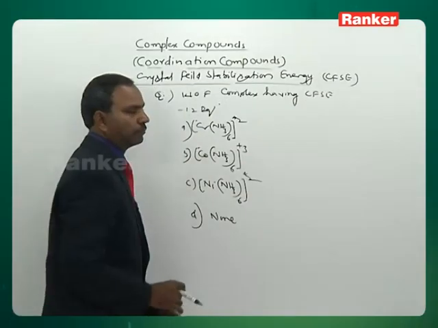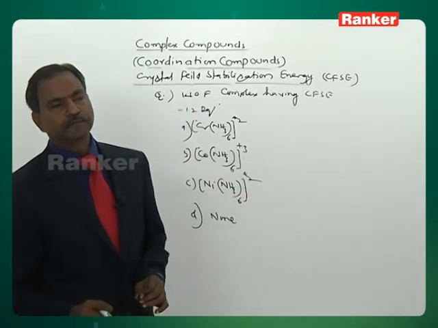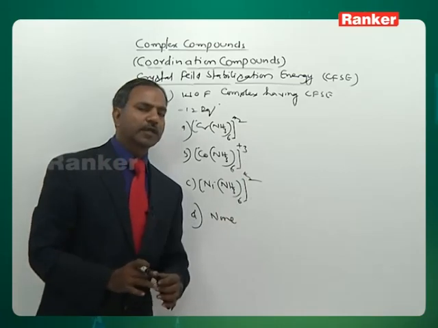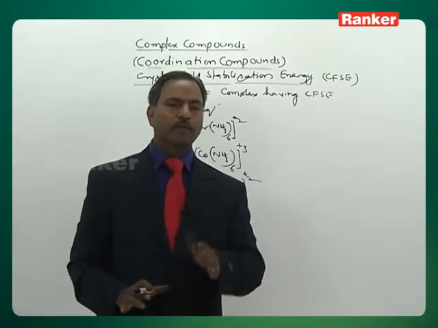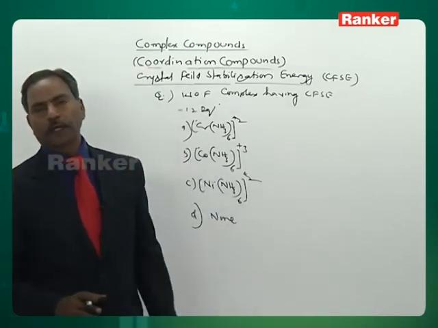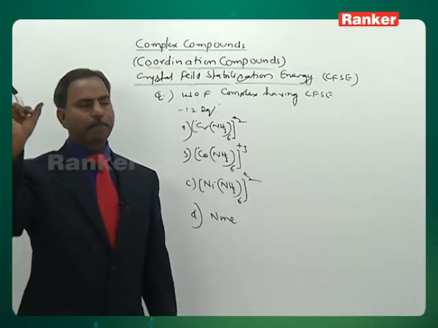Okay, now the question appeared like this. Based on the electronic configuration, based on the distribution of electrons only, you can decide the actual CFSE value of a particular complex.